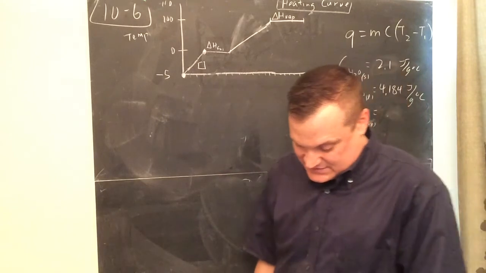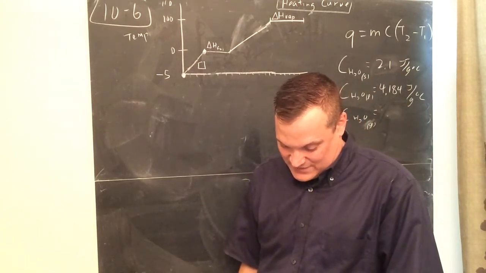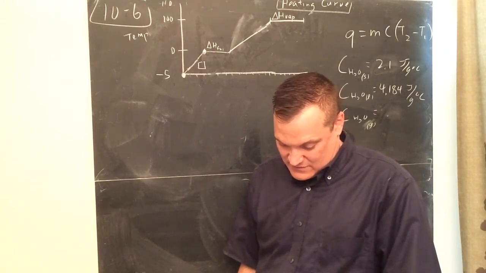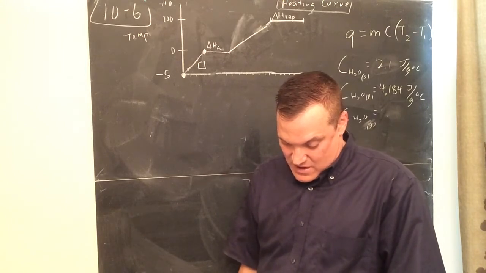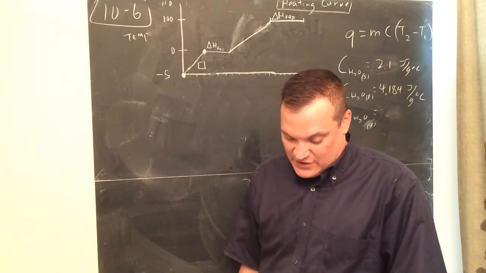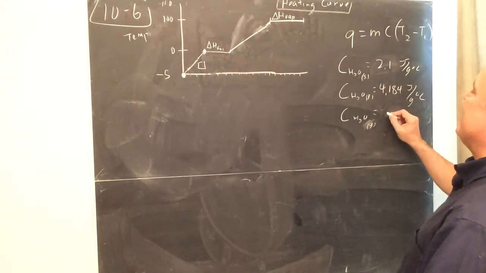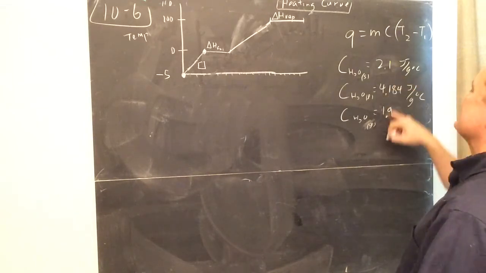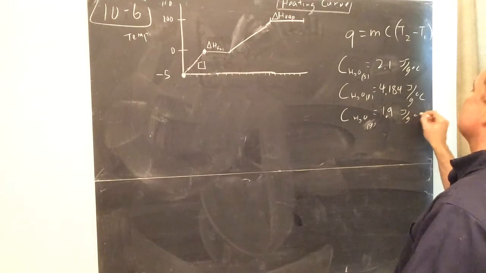Okay, the specific heat of steam is, and I've seen it before, so I would know. Okay, it looks like 2.0. For steam, it's 2.0. So it's really close to that. It's actually 1.99. We'll put 1.9 just to make it look different. So well, it is different. 1.9 joules per gram degrees Celsius.